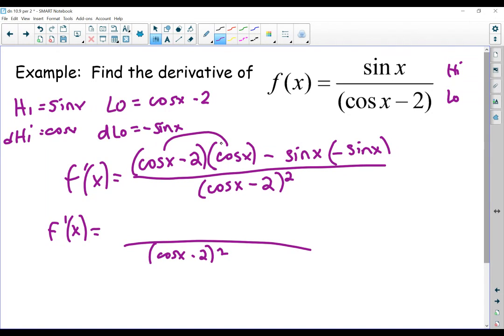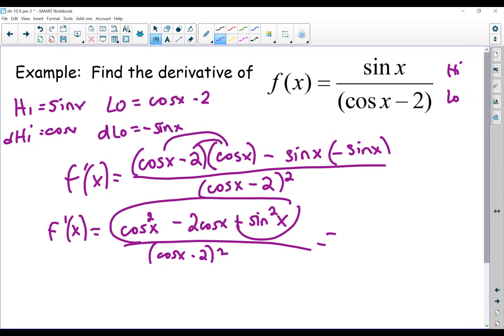I'm going to distribute this in. So I end up with cosine of x squared, which we generally write with the square next to the cos, minus 2 cosine x. And then negative sine x times negative sine x is actually positive sine x squared. Now, you will not see this answer choice, but we have a cosine squared x and a sine squared x being added together.